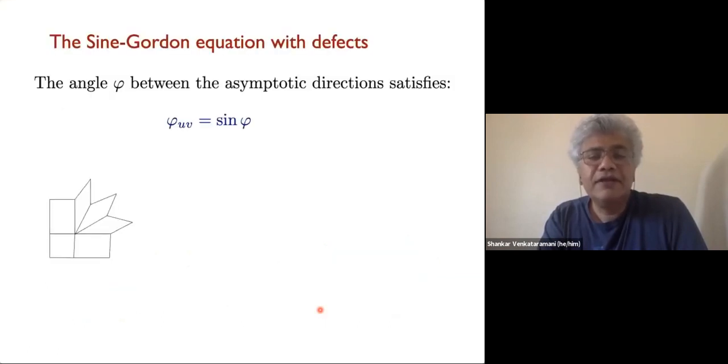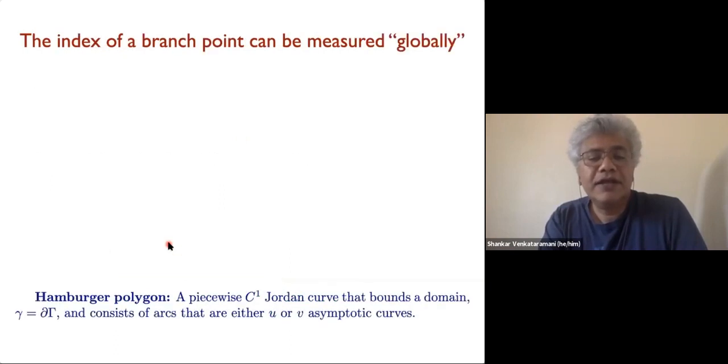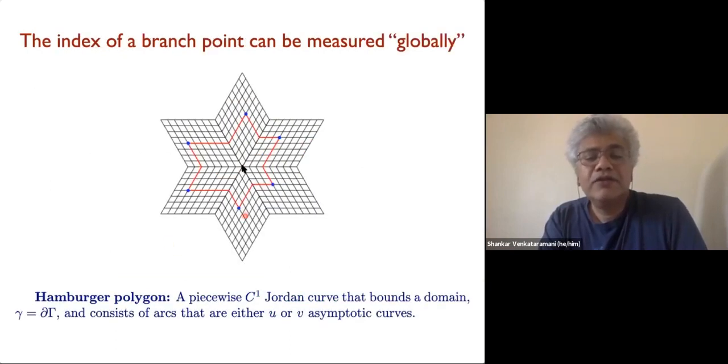We can extend the Sine-Gordon equation to this setting. The Sine-Gordon equation, phi_uv = sin phi, is for smooth pseudospherical immersions. If we allow for these branch points, it turns out, so here's the actual theorem: if you have a branch point, you can construct these kinds of curves, which now consist entirely of U and V asymptotic curves.